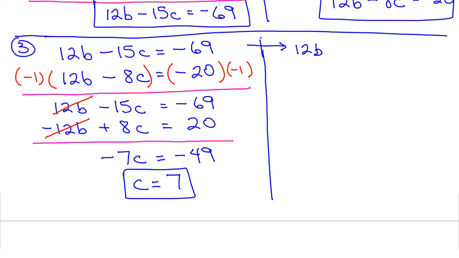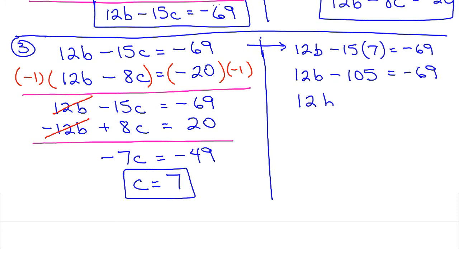I'll take 12b minus 15 times 7 is equal to -69. 12b minus 105 is equal to -69. 12b is equal to 36 after you move the -105 to the right side. And so b is equal to 3.